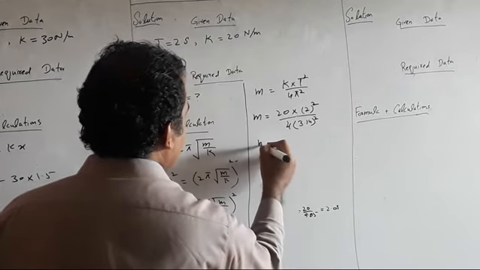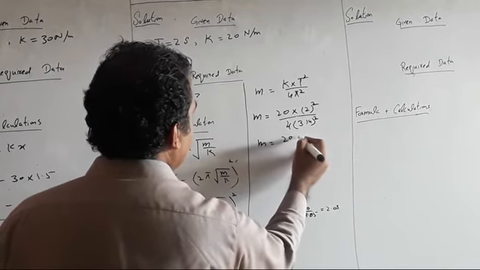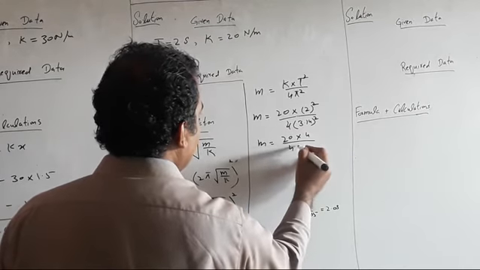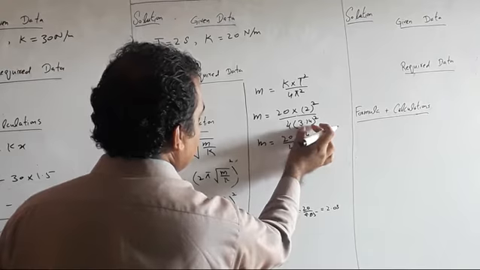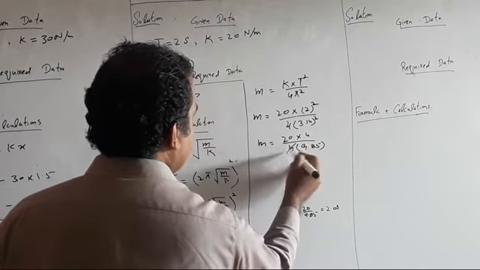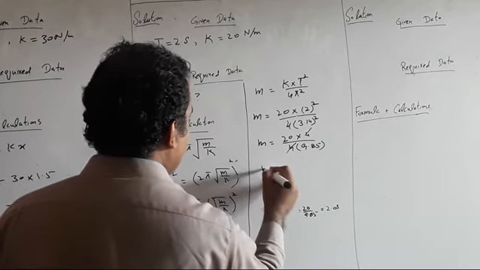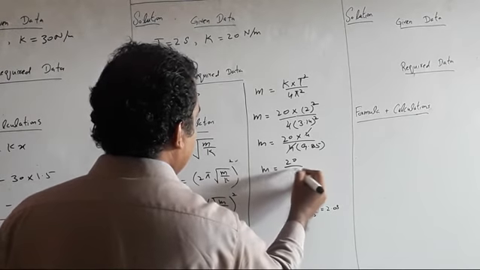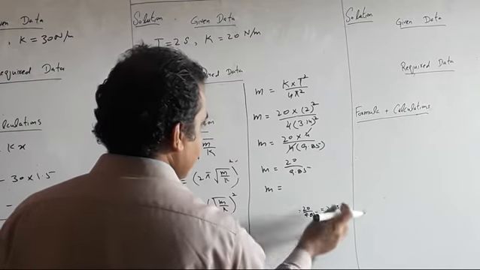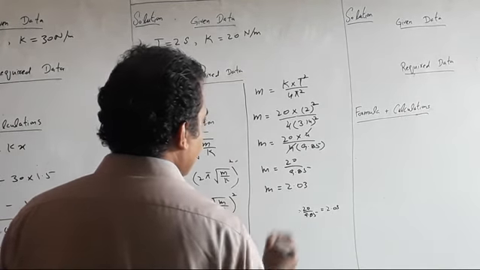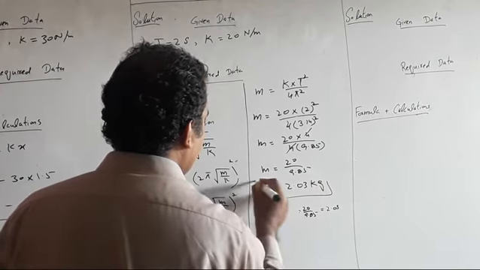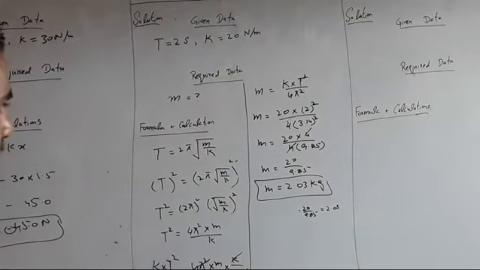So it will become m is equal to 20 multiply 2 square, which is 4, divided by 4, and squaring this term it will give 9.85. Now cancelling these 4 and 4, m is equal to 20 divided by 9.85. This division gives the answer, that is 2.03, while the unit for mass is kilogram. So this is our required answer for this example.